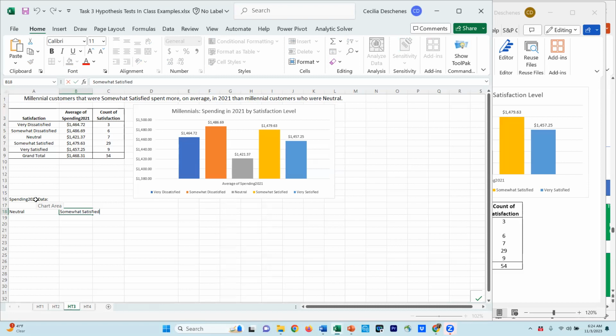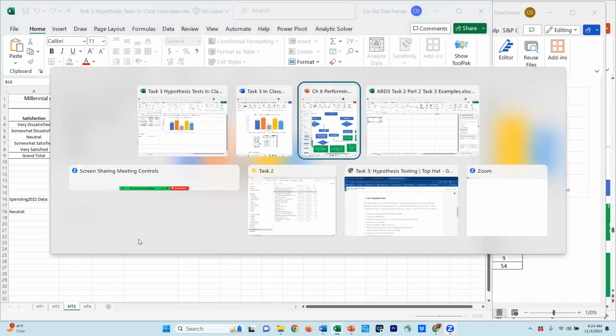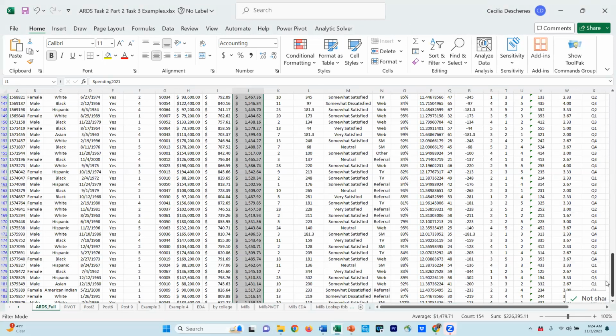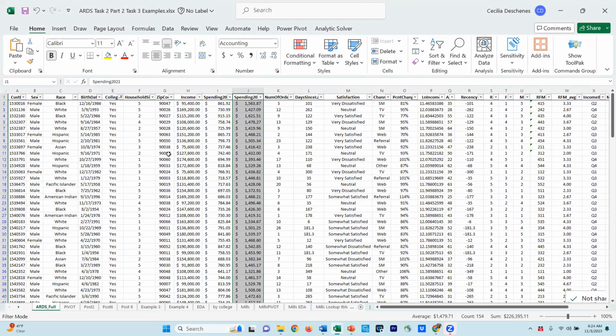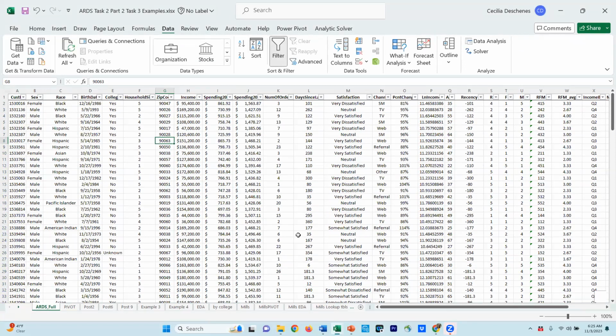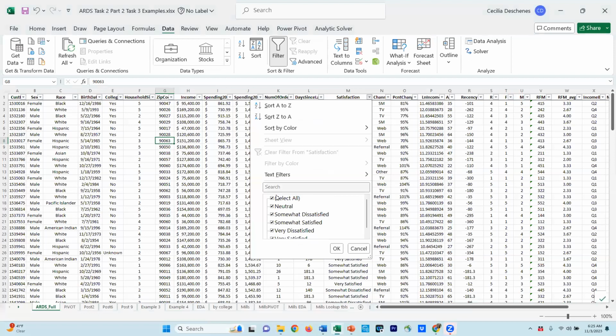So we need to go get the spending 2021 data. This would be from your part 2 data, so we can go to the ARDS full data. In here, I'm going to go to satisfaction. Actually, make sure there's nothing, I want to clear any filters before I keep going. Let's pick the neutral data.